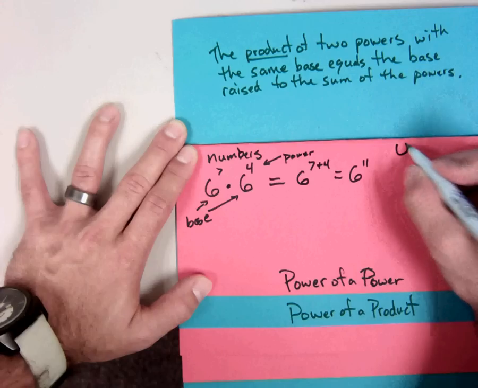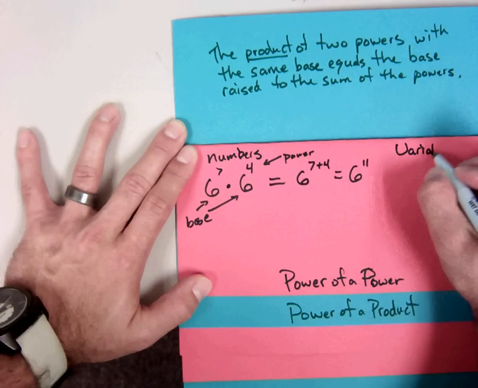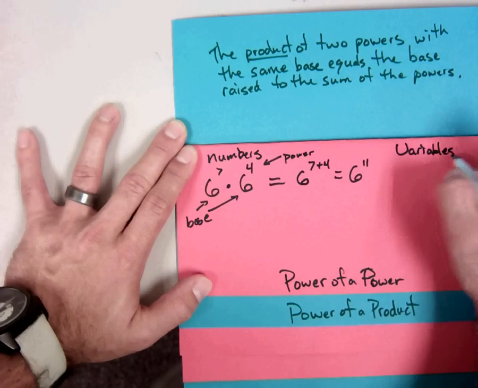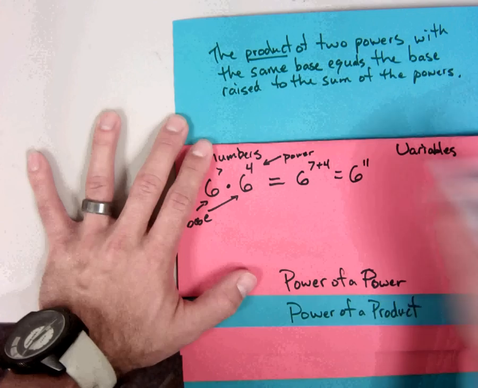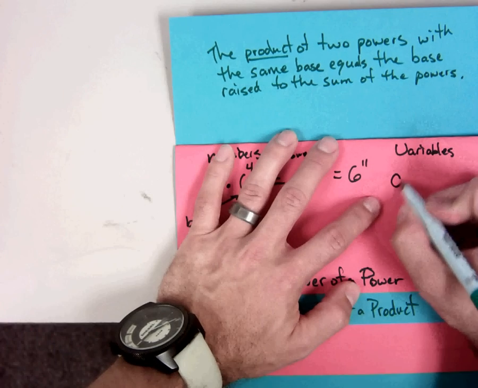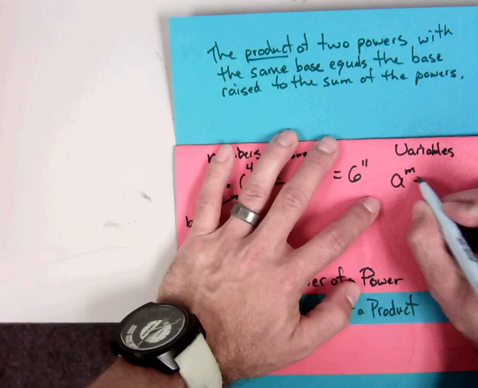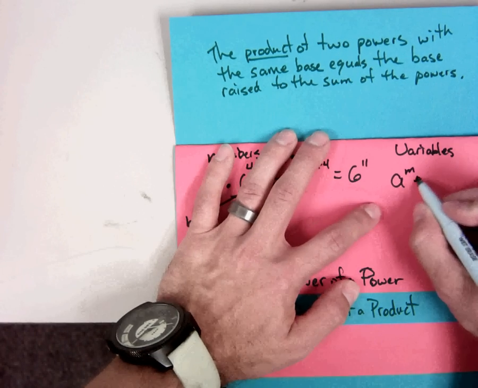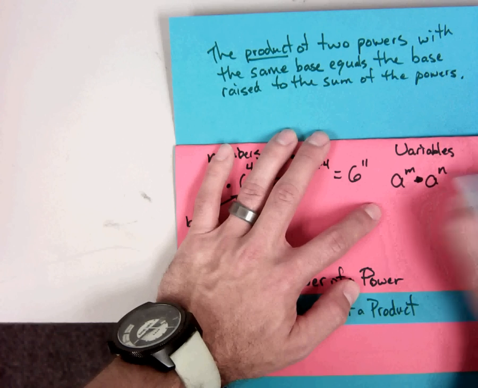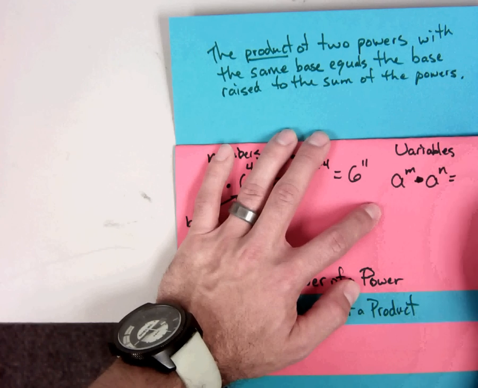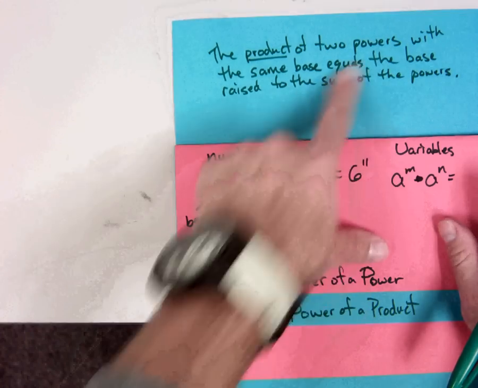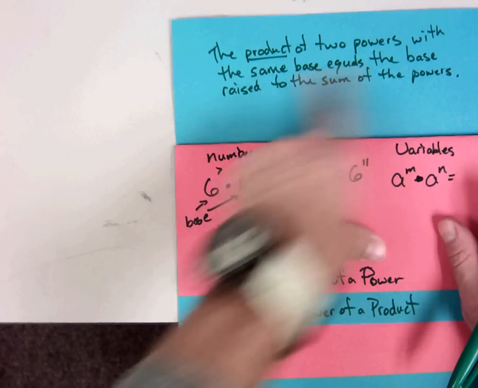Okay, what does that look like with variables? All right. So if you have a to the m times a to the n, this will be equal to the same. We're going to take the product of two powers with the same base.